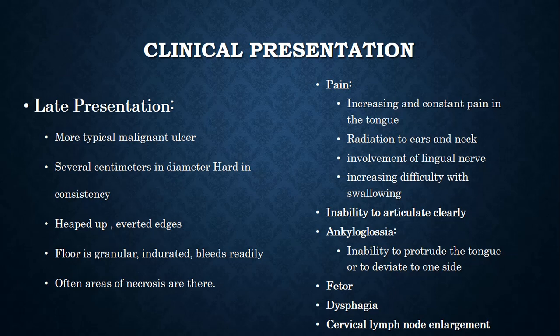Patient may have inability to articulate clearly, and may present with ankyloglossia, that is inability to protrude the tongue or to deviate to one side. Patient may present with fetor oris, that is excessive bad smell from the mouth. Patient may have dysphagia and may present with cervical lymph node enlargement.